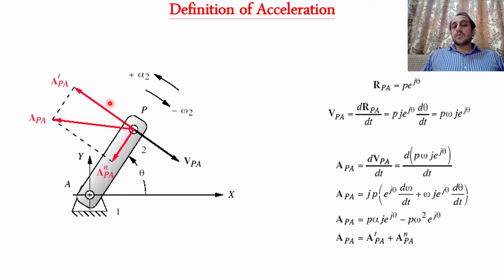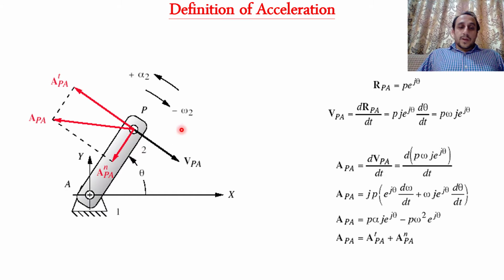The direction of tangential component of acceleration will be in the same direction in which we have the vector of angular velocity. ठीक है. If the rate of change of velocity is negative, what will happen? The direction of tangential component of acceleration will be opposite to the direction of angular velocity. ठीक है जी. ये चीज आपने माइंड में रखनी.